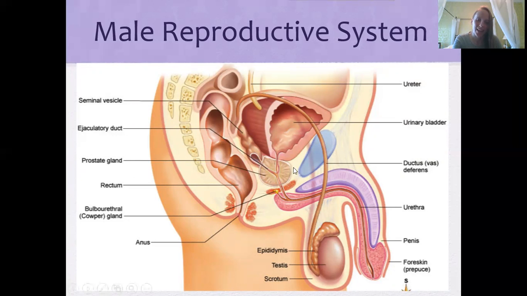And then same with the Cowper's gland, which is this little yellow spot inside this pancakey bit here. Again, the fluid from the Cowper's gland will intermingle with the sperm, but the sperm does not go through the Cowper's gland itself. And then you'll get into the urethra, which is the tube that then carries the semen through the penis and out.